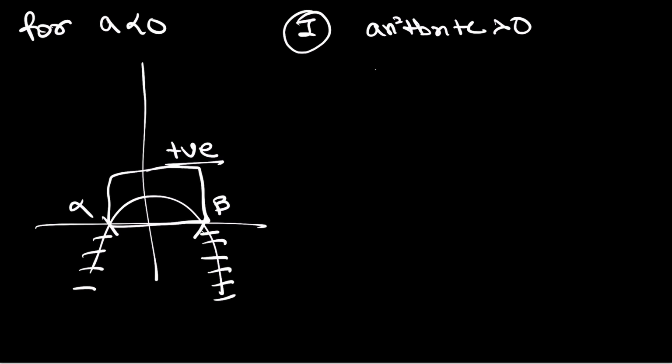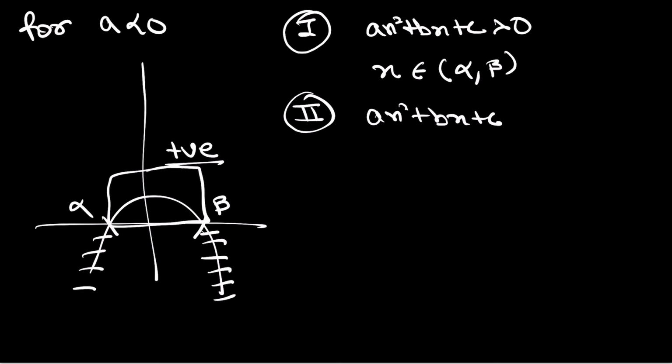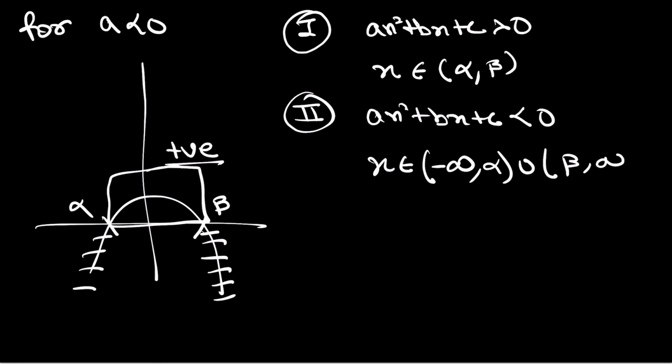So the solution easily becomes x belongs to alpha and beta, because it has to be positive. For the second case, ax square plus bx plus c less than 0, x will belong to minus infinity to alpha union beta to infinity, which is this and this. I hope this is understood.